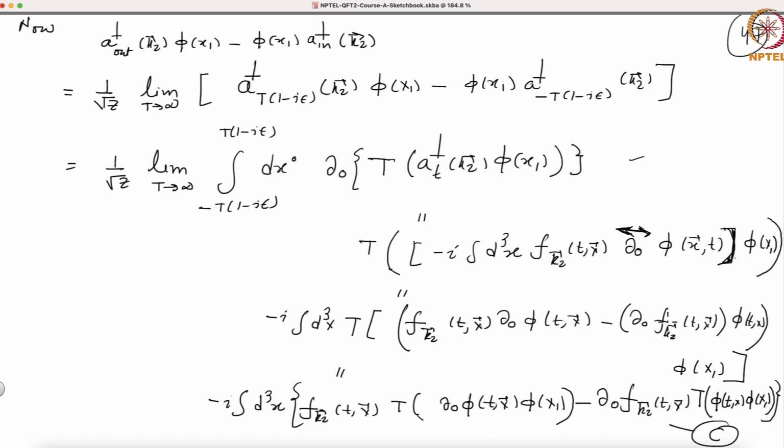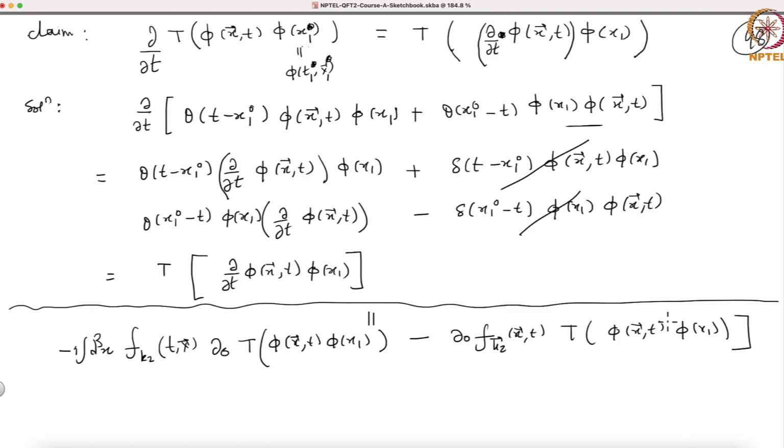Okay, curly brackets, not, yeah, should not put this. Okay, so that's good.